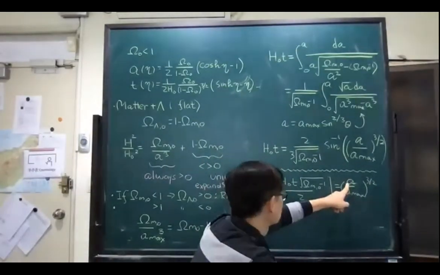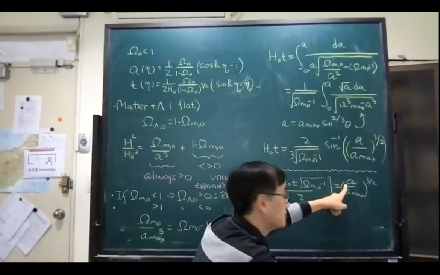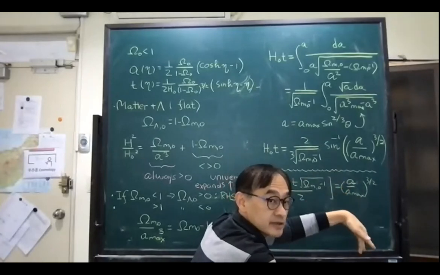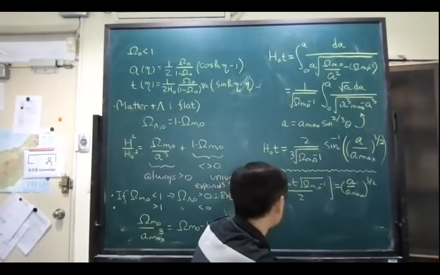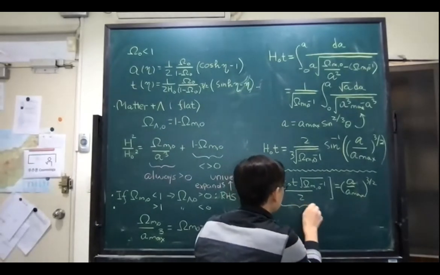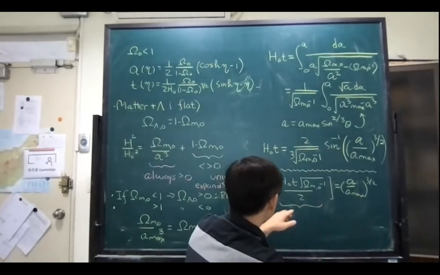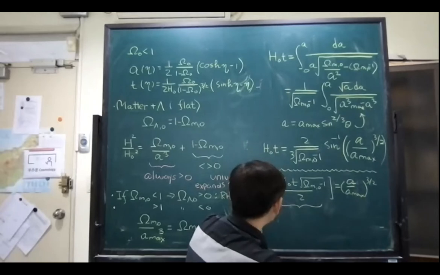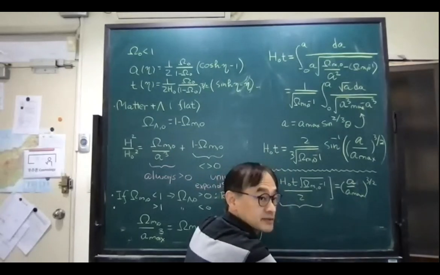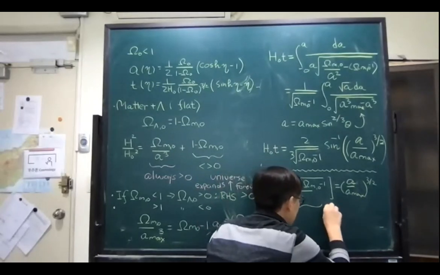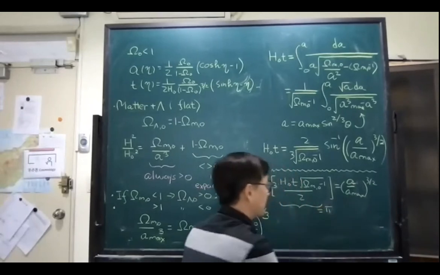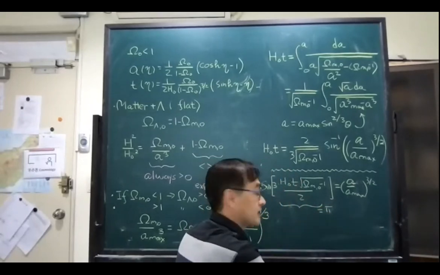So when the scale factor is 0, the size of the universe becomes 0. For that to happen, this value has to be pi, remember we have the sine term. 0 is the beginning.